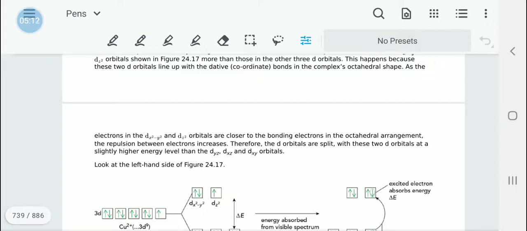The dx2-y2 and dz2 orbitals are going to be closer to the bonding electrons.